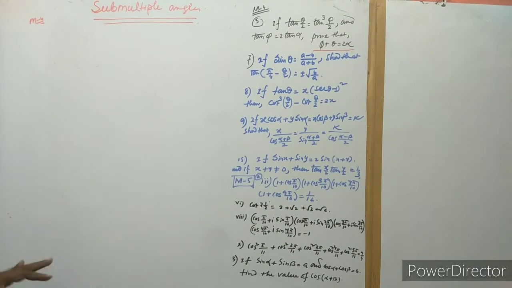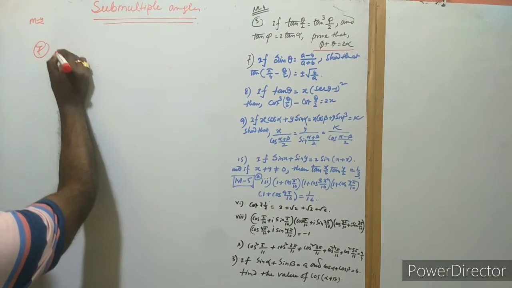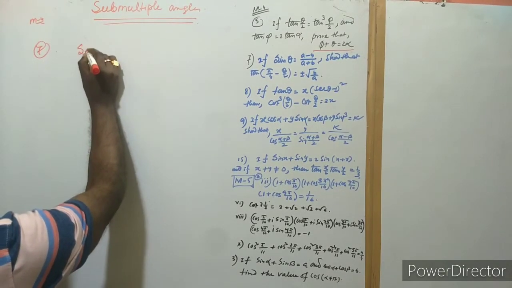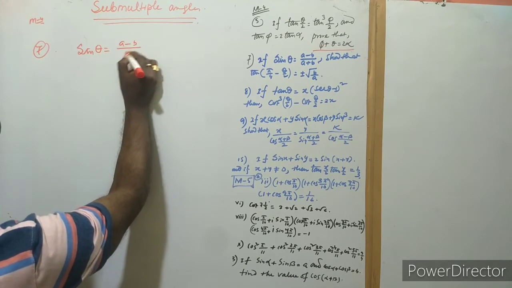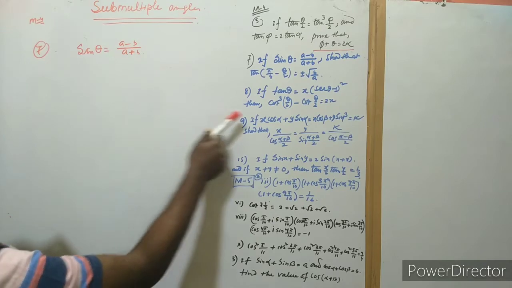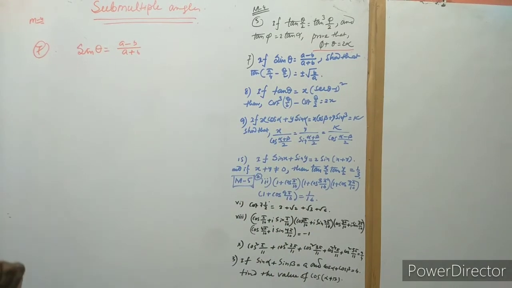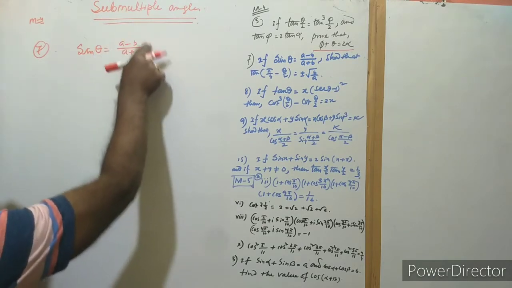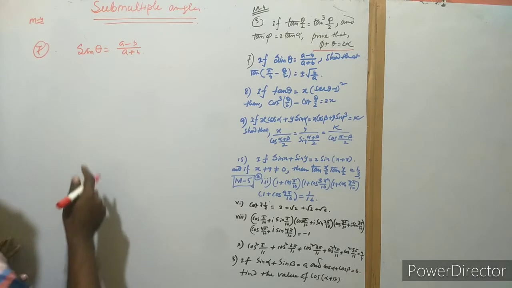Proceed to question number 7. So see, we are given here sin theta is equal to a minus b by a plus b. So see, here it is only b by a, so in that pattern we apply componendo dividendo.